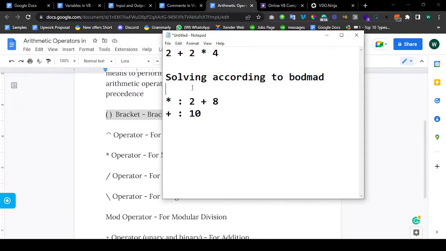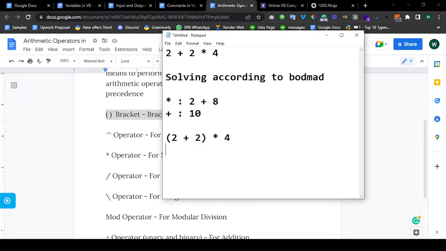But if, based on the problem you're trying to solve, you want this plus to take precedence, basically what you're going to be doing is to rewrite the question like 2 plus 2, close the bracket, anything you get multiplied by 4. You have to solve what is inside the bracket first before tackling this one.